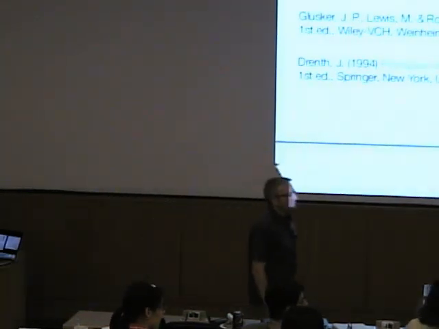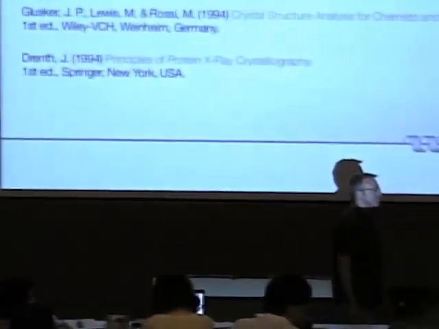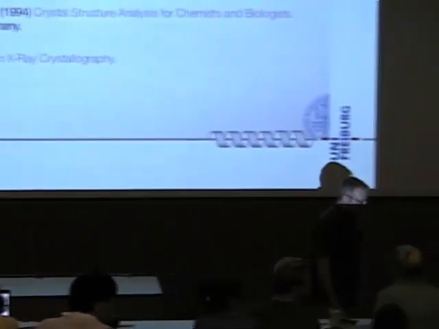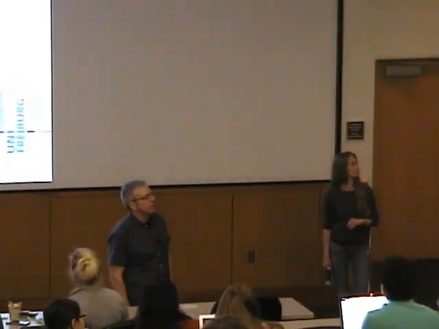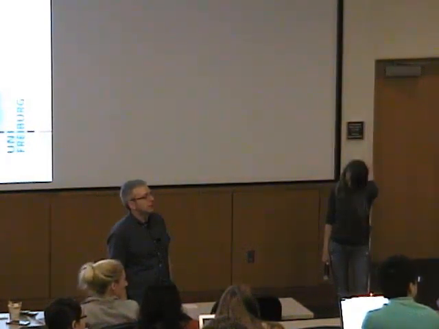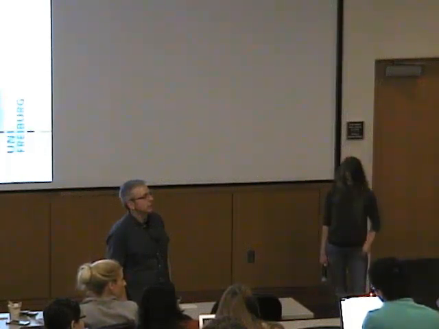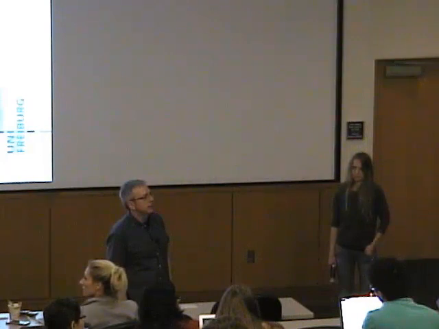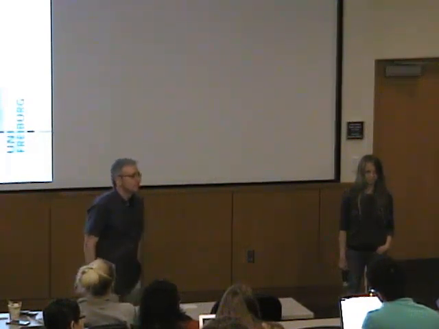I have a question. So you emphasized that the model that gets published, with its pretty pictures and so forth, is an interpretation, and the electron density is the experimental data. But to what extent is the electron density also an interpretation because of ambiguities in solving the phase problem?